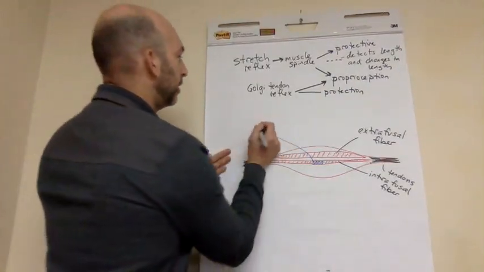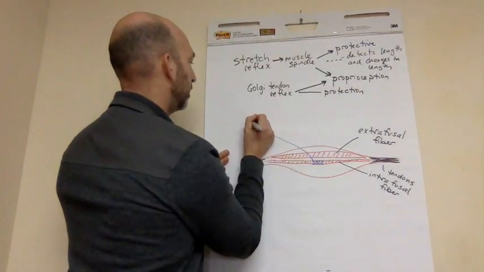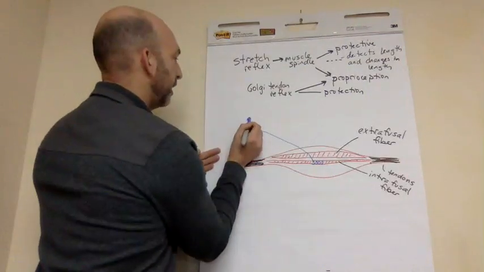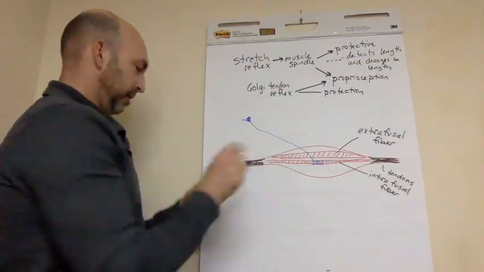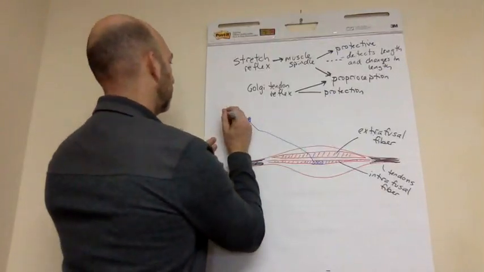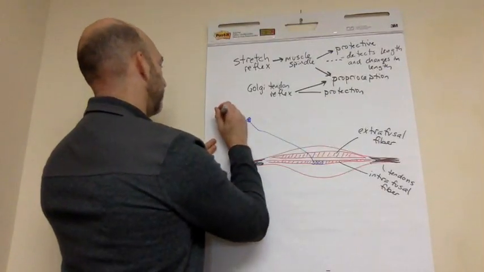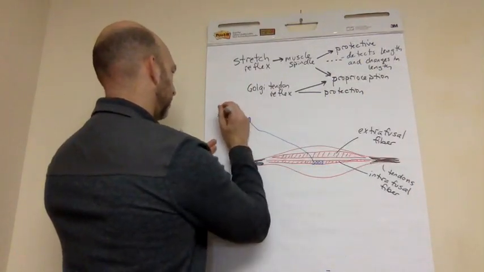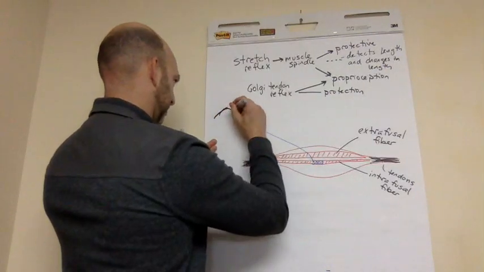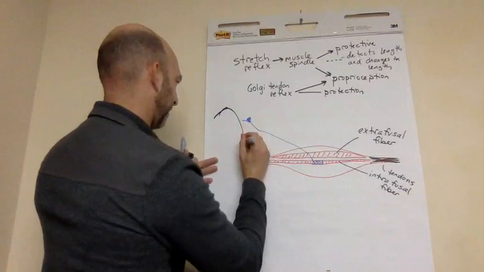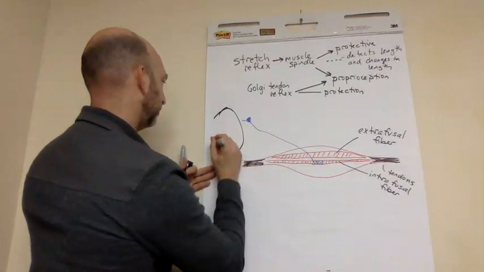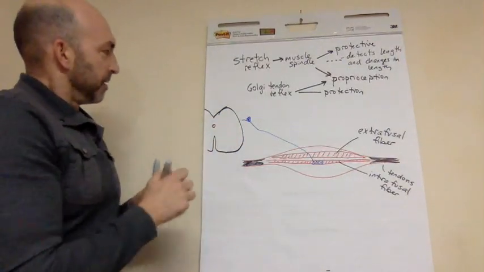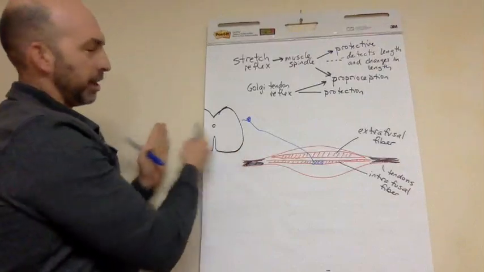And it's going to enter the cell body, right? Remember, this is a unipolar neuron. It's going to come into, and I'm going to draw a sort of shrunken version of my cross section of the spinal cord, cut off a little bit here.